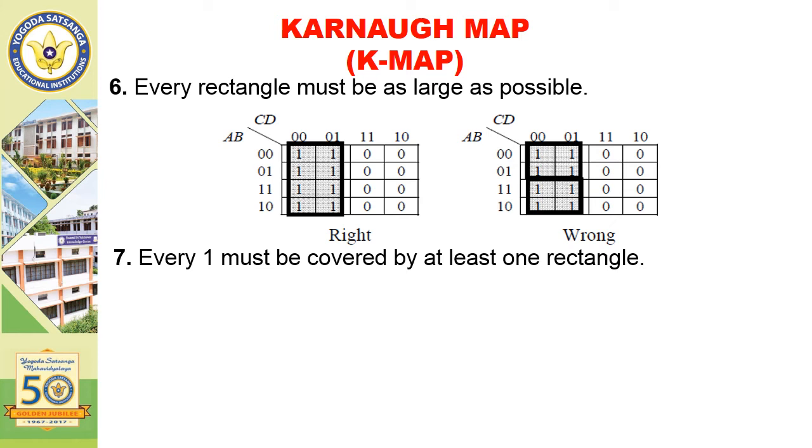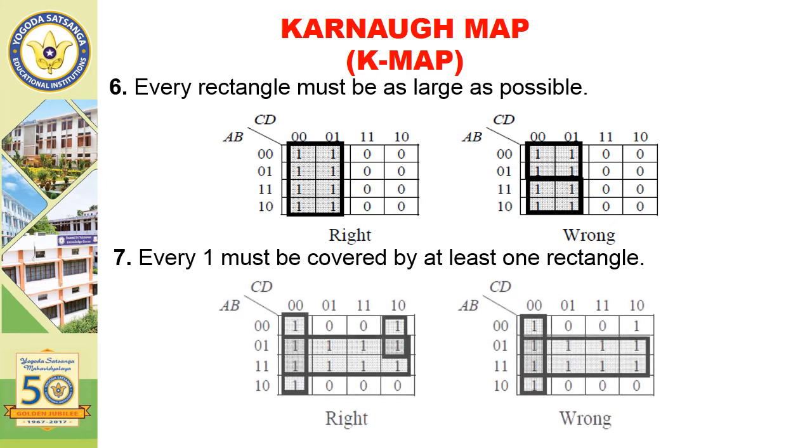Every 1 must be covered by at least one rectangle. In the wrong figure, we see that the cell number 0010 having input 1, having output 1 is not in any rectangle, so it is a wrong figure.